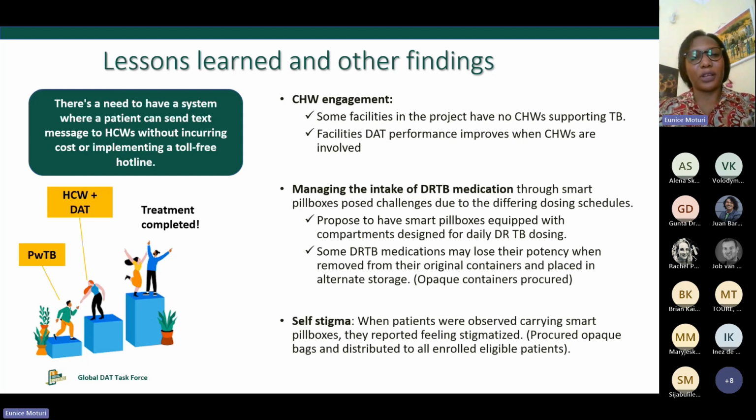Also, another thing, we found out that it was a bit challenging to manage the intake of the DRTB patients' medication, because some of the medications were taken on a daily basis and others were taken three times a week. Using the smart pillbox proved a little bit challenging.